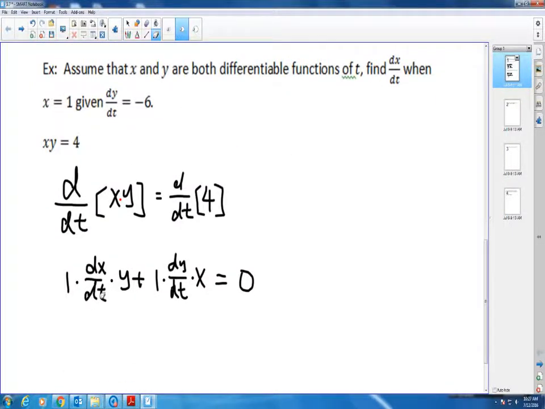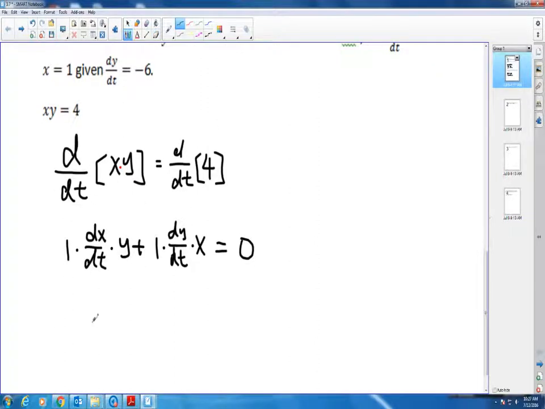So dx/dt is right here. 1 times y is y dx/dt, equal to, moving this term to the other side, negative 1 times x, which is x times dy/dt.